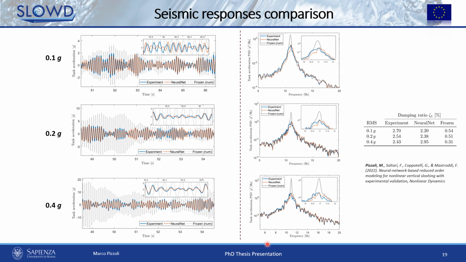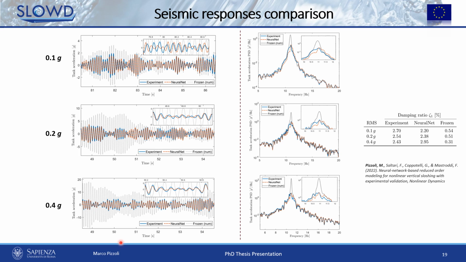And the blue curves represent the sloshing experimental cases, while the dashed black ones represent the numerically evaluated frozen case that we reported, just to have an idea of the damping introduced by the sloshing into the response.